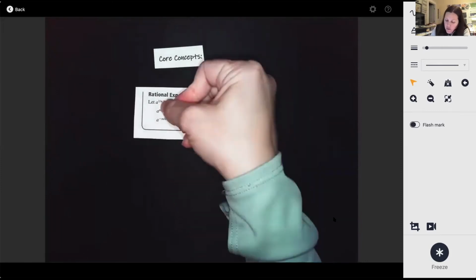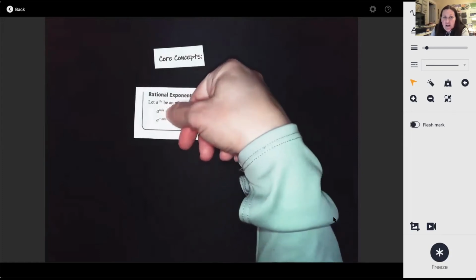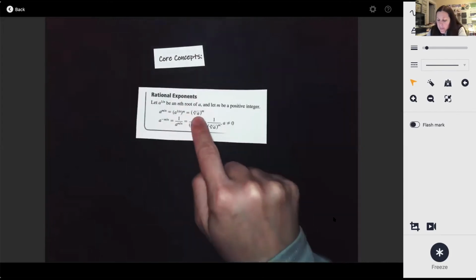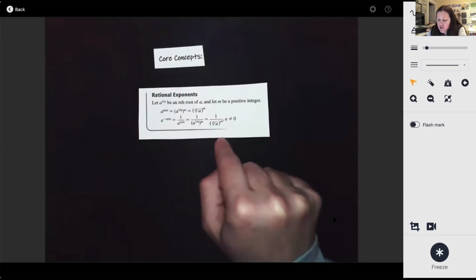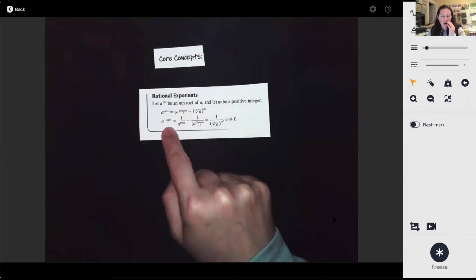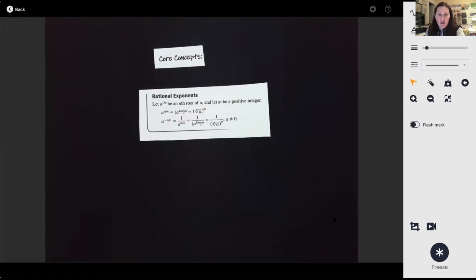That top number m is just a to the m power, and then when you have it divided by n, that means that's the root. Now you can write it either way. And then just don't forget, if your power is negative, that just means it turns into a fraction, so it's 1 over. That's how you get rid of the negative powers. That was from our rules that we went over in the chapter 5 opener. If you have a negative power, it moves it from the numerator to the denominator, or vice versa, to get rid of the negative power.